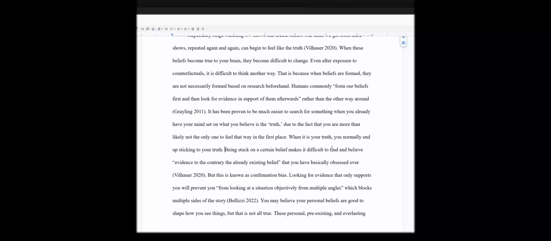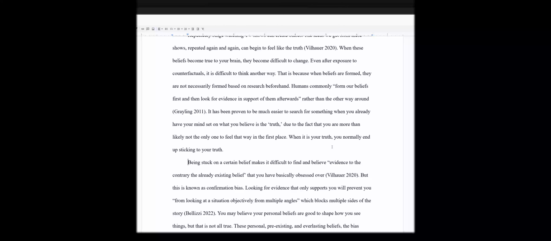Okay, let's go ahead and put in a paragraph break here. Being stuck on a certain belief makes it difficult to find and believe evidence to the contrary. Is this quote ending here? I think so.